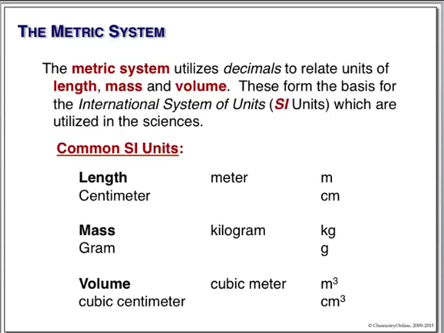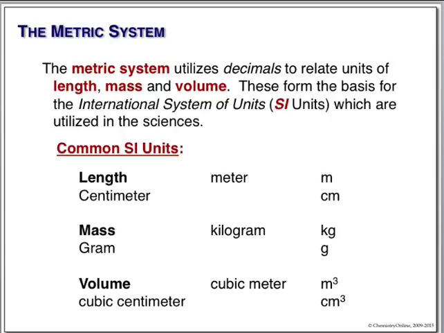The metric system is very simple. The unit of length is a meter. We use an abbreviation, m, which stands for meter. A centimeter is a very common unit, that's simply cm. Mass, the standard unit, is a kilogram, that's kg. We'll also measure things in grams, that's just g.